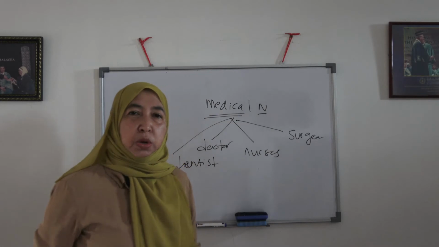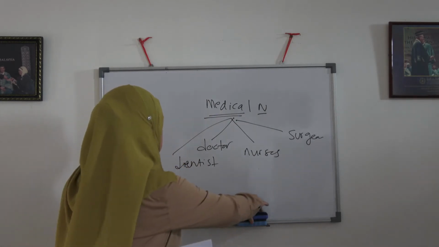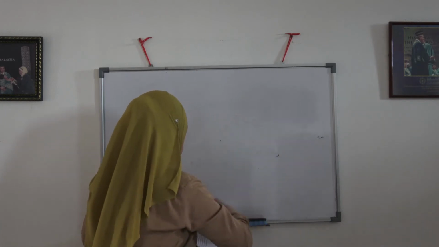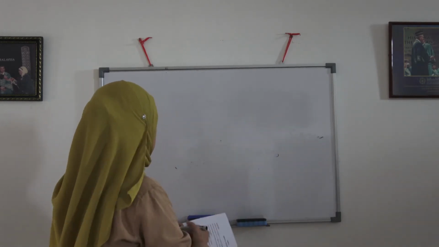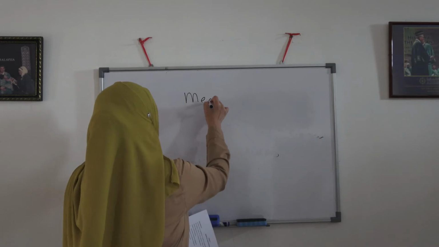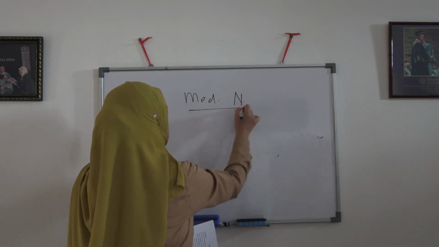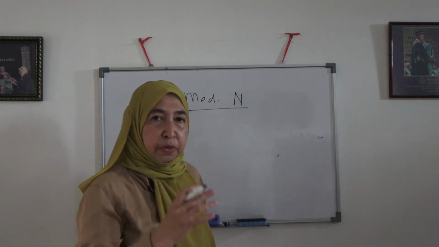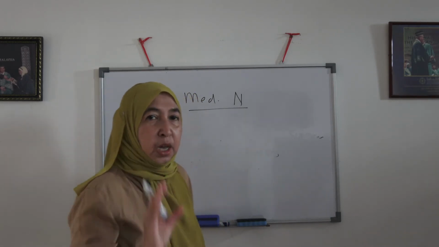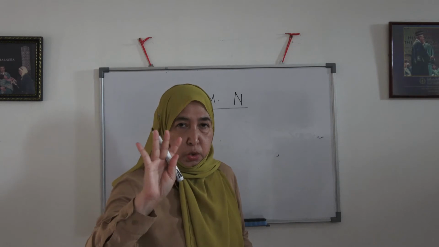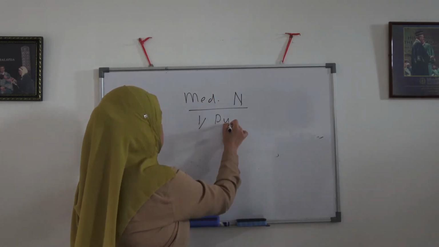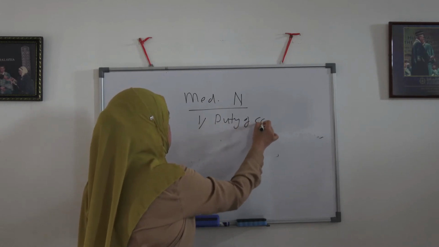Okay, right. So we move on now. What are the elements of medical negligence? Okay, these are medical negligence. What are these elements? If you like to recall the elements of negligence that we discussed earlier, there are 4, as I said to you at the beginning of the lecture. Number 1 is duty of care.